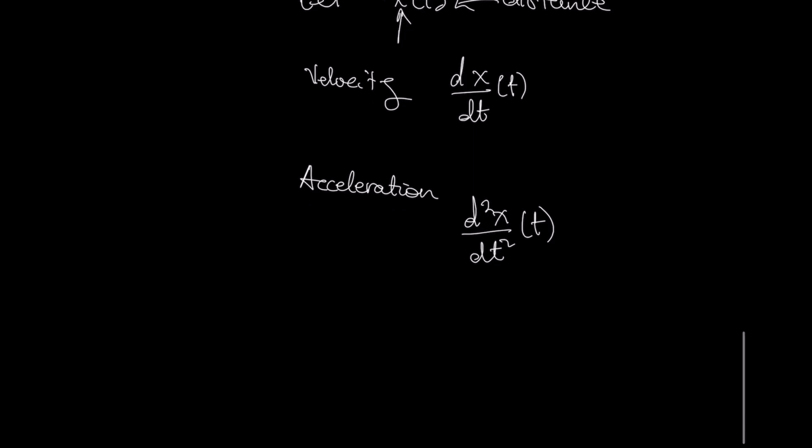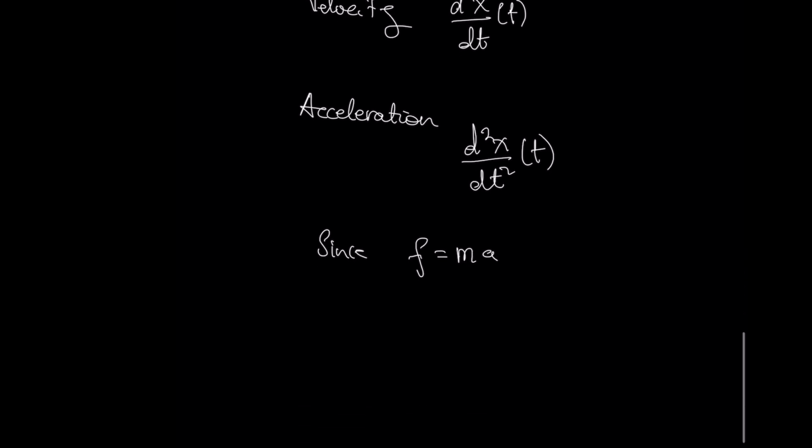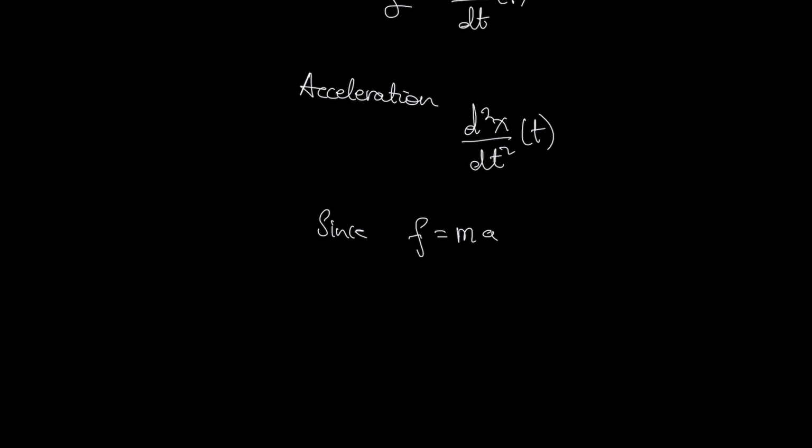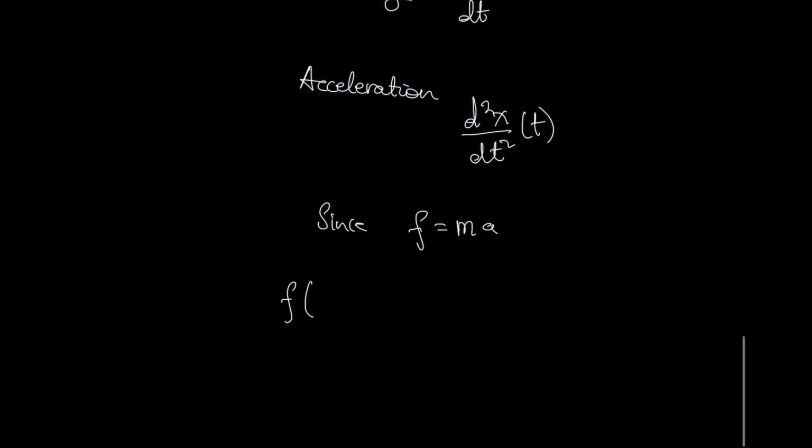And we know that since force equals mass times acceleration, force is a function of time, distance, and velocity. So we can say force is a function of time, distance is a function of time, that's why I'm writing it like that, and velocity is also a function of time.